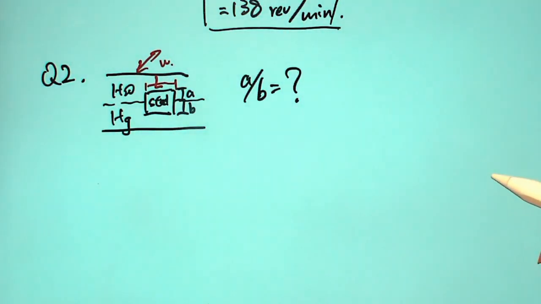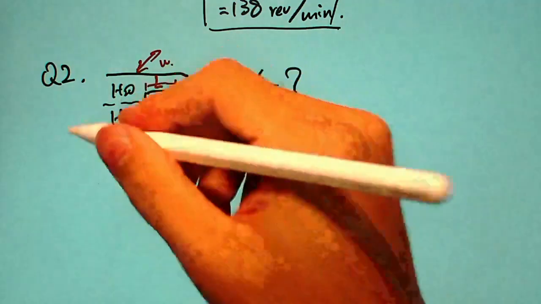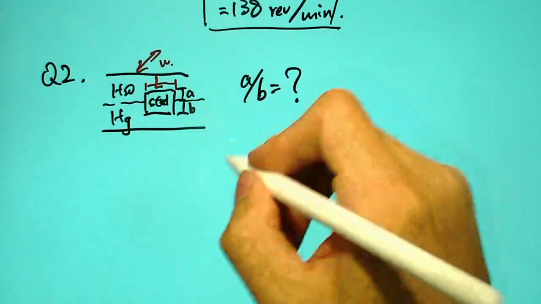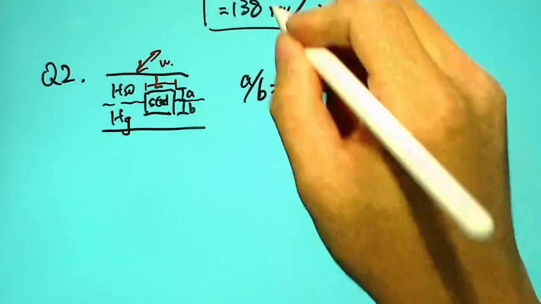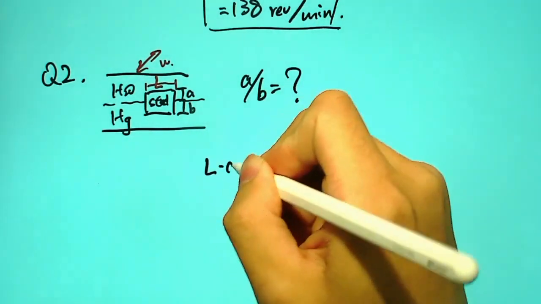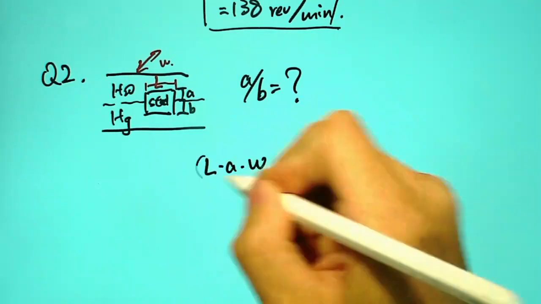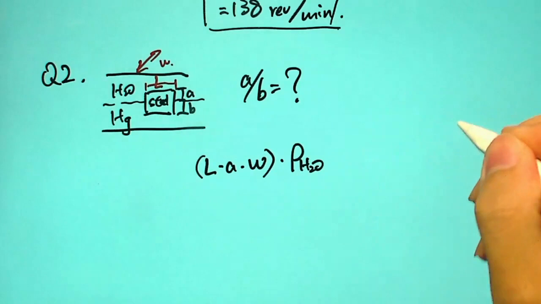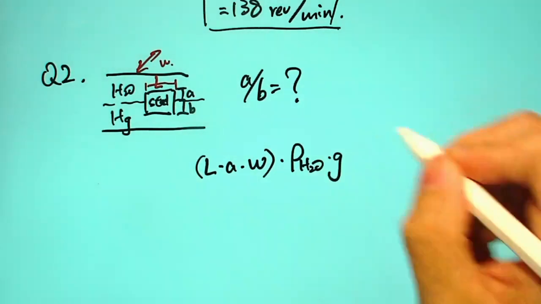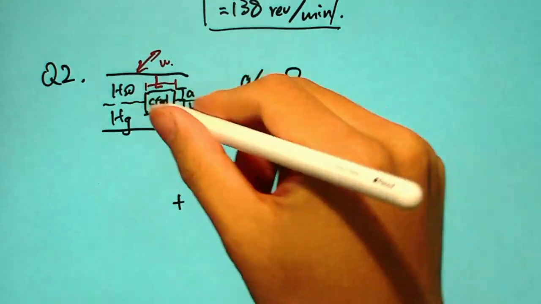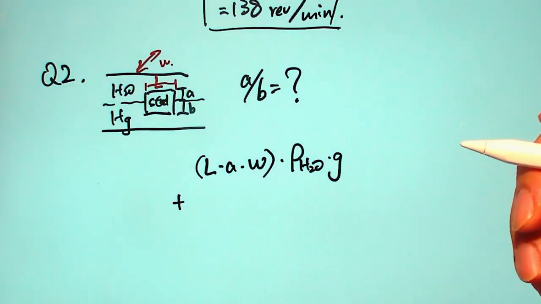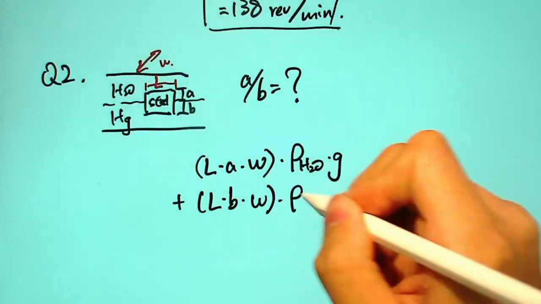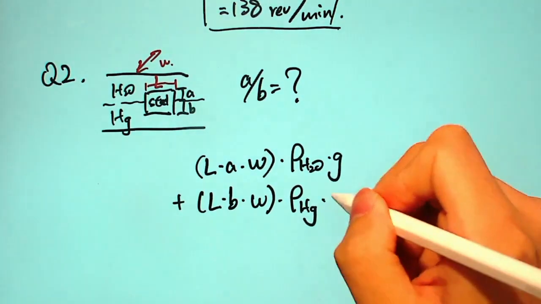So then we can have the buoyancy from the water as the density times L times A times W. So this is the volume in the water times water density and times gravity. And then we plus the buoyancy created by the mercury, which is L times B times W times its density times gravity.